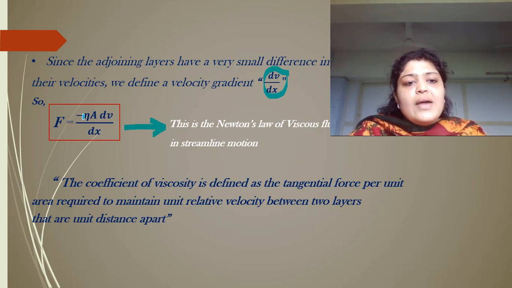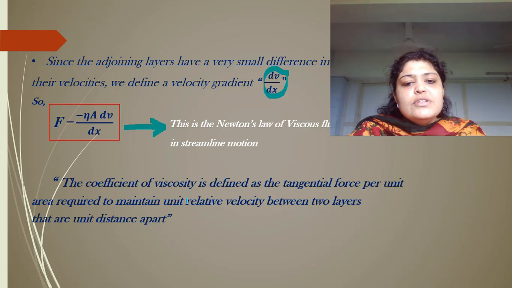So how can I define the coefficient of viscosity? I will just consider dv, A and dx. If all these parameters are unity, I can define eta as the tangential force acting.